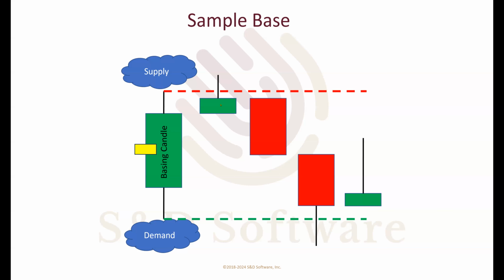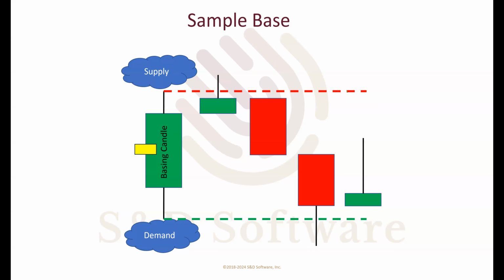Now, since this base is not broken, you can see at the top here we get a red dashed line. This is the default for marking a base high, and of course you can change that. The base high is normally drawn at the top of the basing candle.